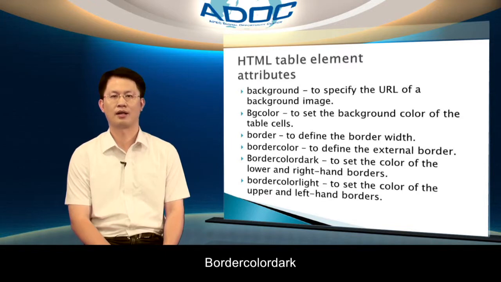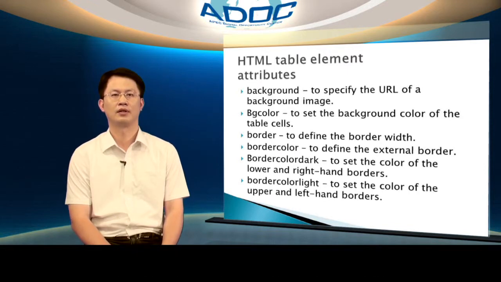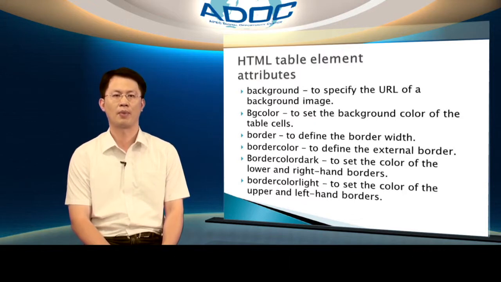And bordercolordark. Set the color of the lower and right-hand borders of the external border color for the current table. Set to an RGB triplet color value or a predefined color name. And bordercolorlight.